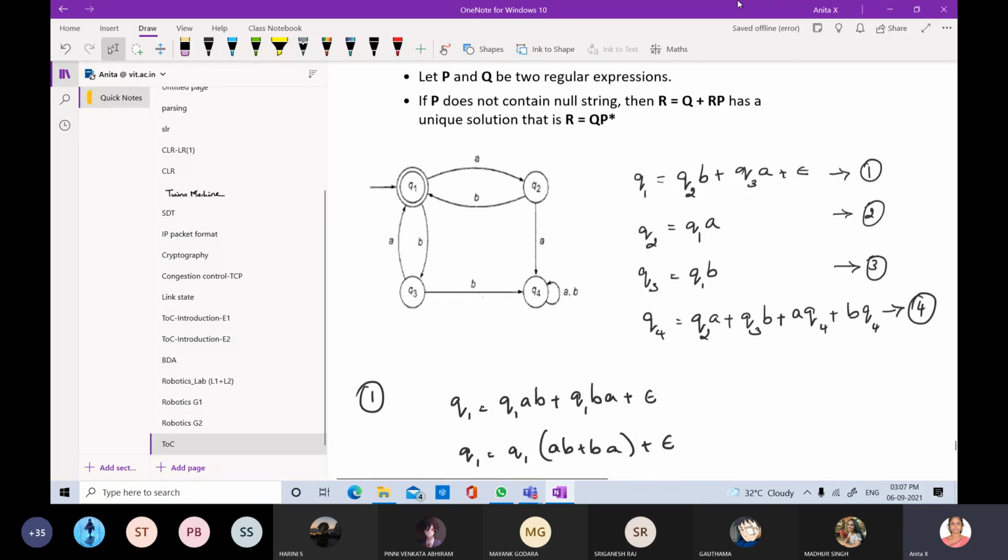Right? So now what I can do is I'm going to try comparing this with this one. So here you can see, yes, here Q1, here Q1, here R, right? So I can try mapping this equation with this, right?